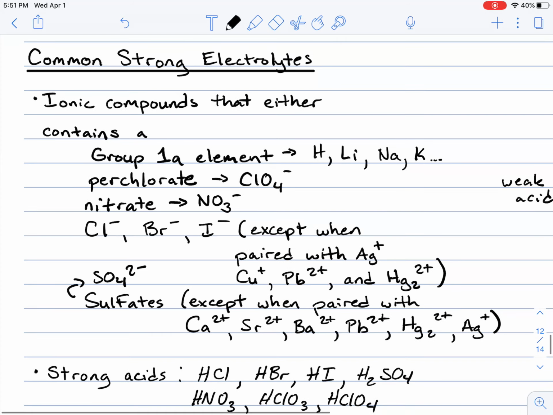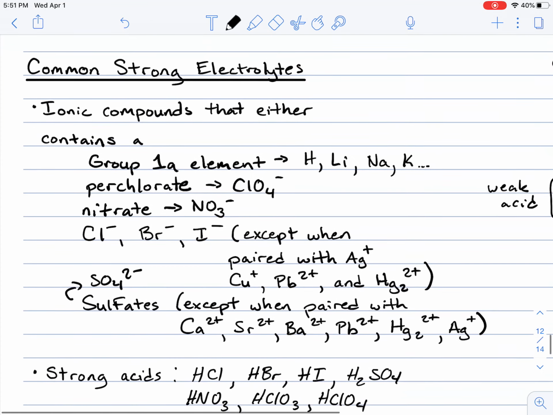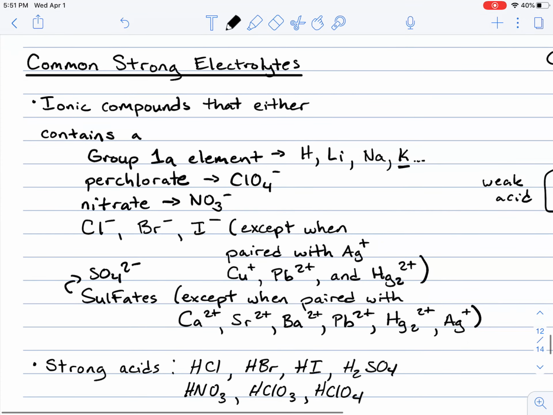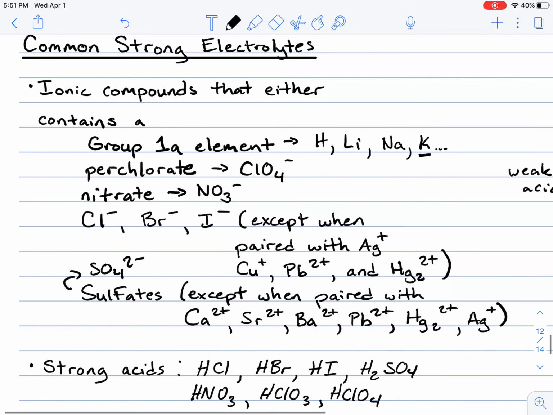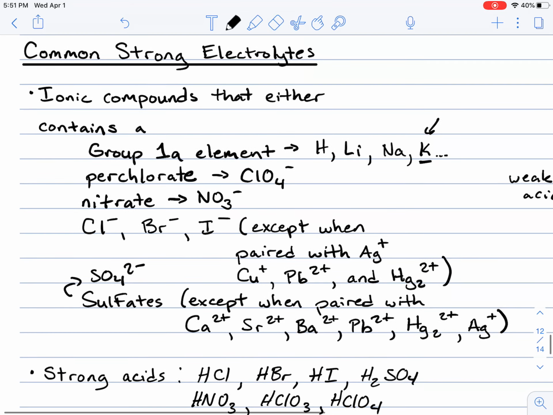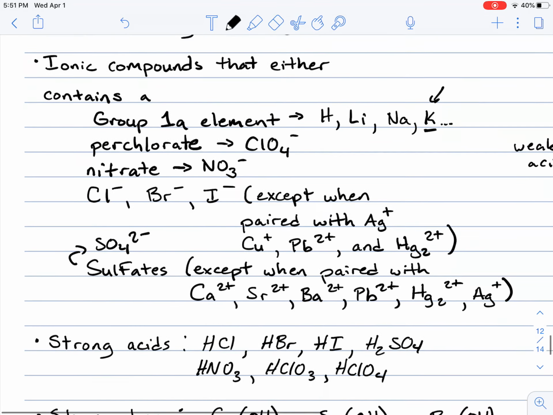It turns out that potassium falls under this specific rule: if ionic compounds contain either hydrogen, lithium, sodium, or potassium, then it's a common strong electrolyte.